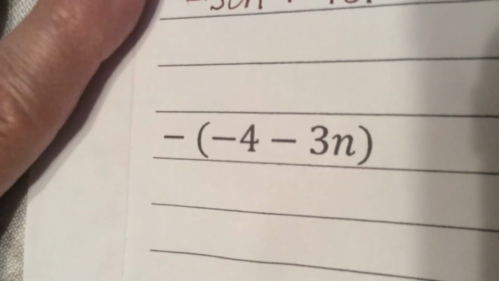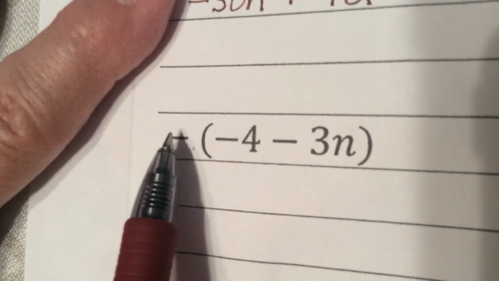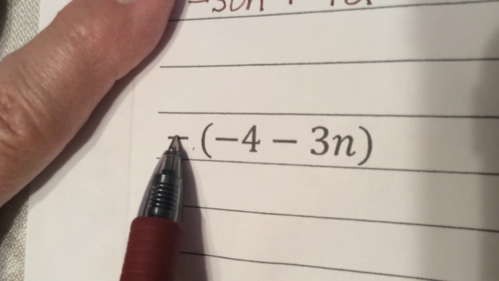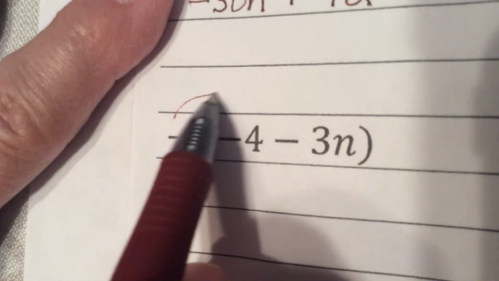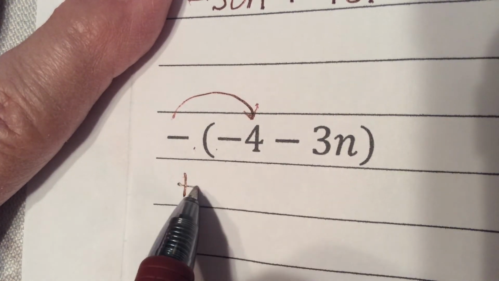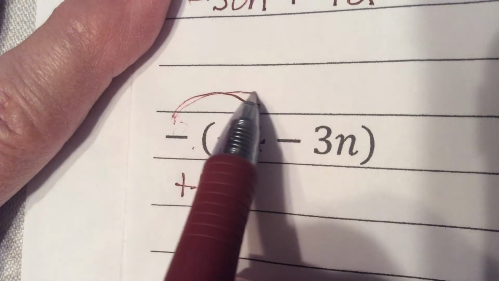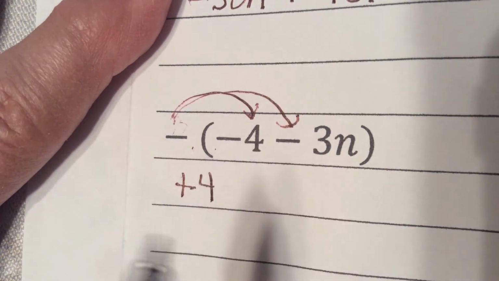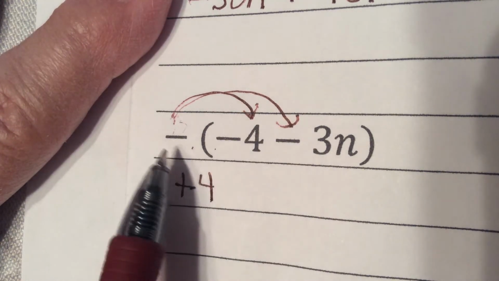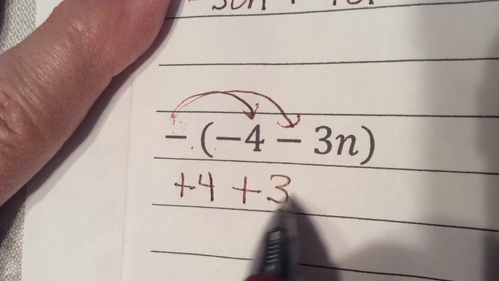Now on the next one, there is not a number out here. There are 2 ways you can do this. You can say, well, a negative times a negative is a +4, and a negative times a -3n, negative times negative is a +3n.